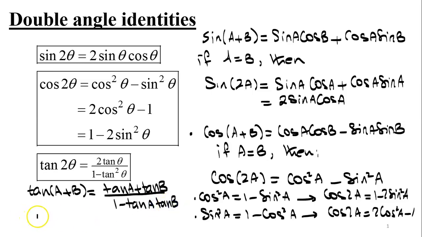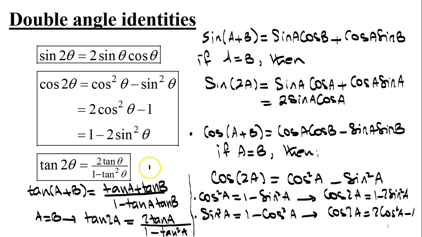Again, setting a equal to b, that would leave me with tan 2a equals tan a plus tan a at the numerator, that's 2 tan a, over 1 minus tan a times tan a, so that's 1 minus tan squared a. So this is in fact where the double angle identity of tan also comes from.